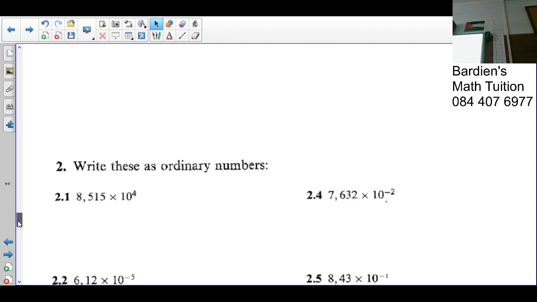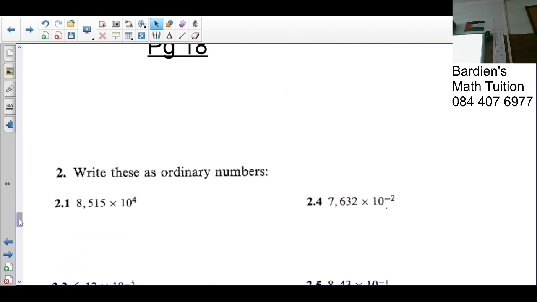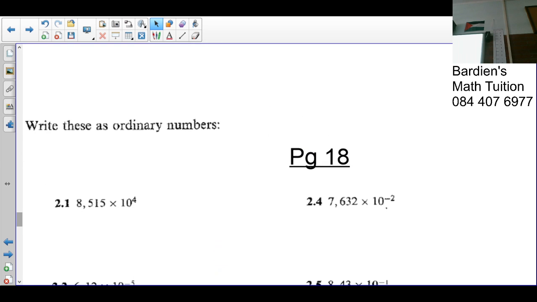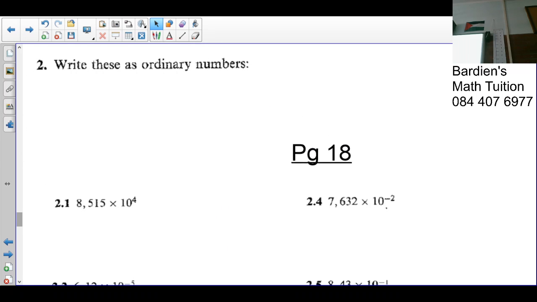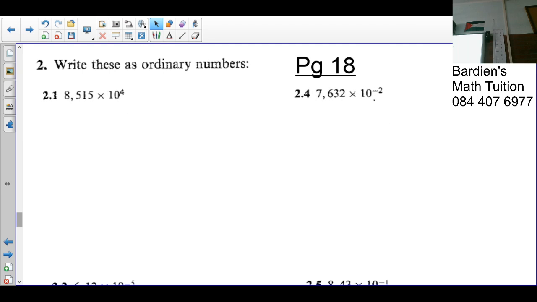Yes? So now we're looking at number 2. Page 18, number 2. In number 2, we are told to write these as ordinary numbers. Let's write these as ordinary numbers. Okay.